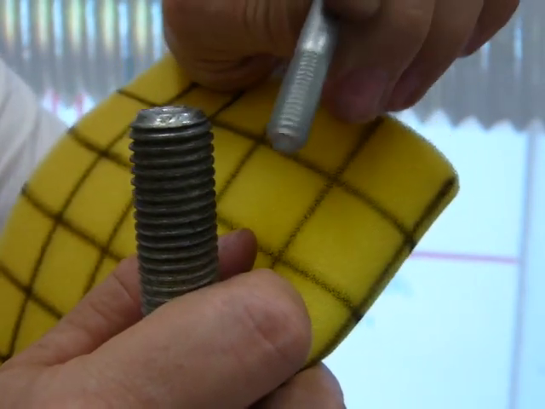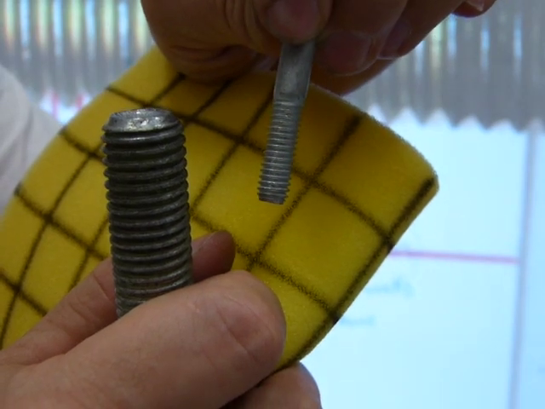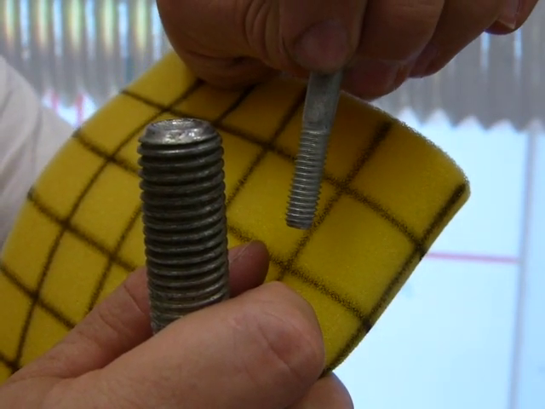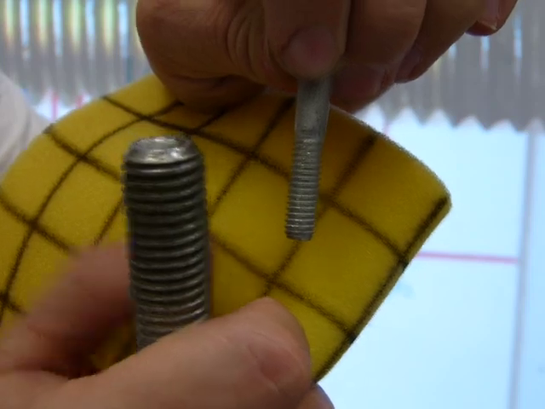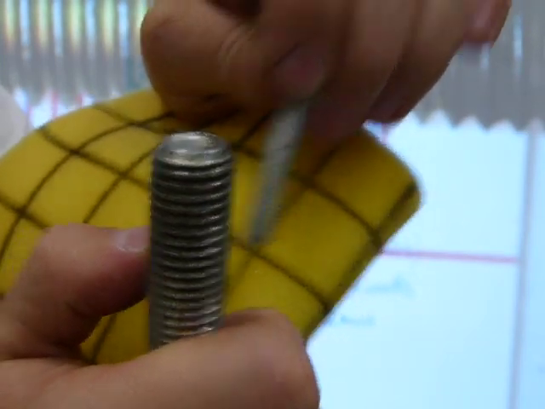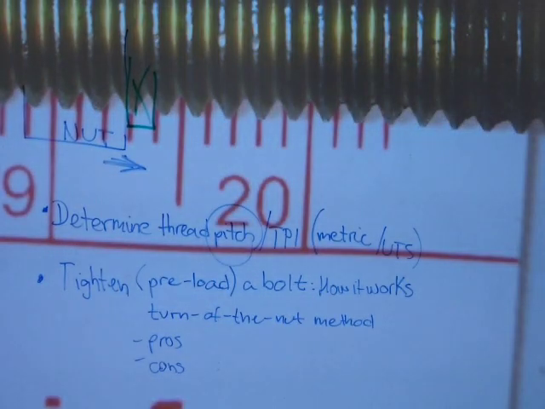So a quarter turn on the skinny bolt is tightening or preloading the bolt less than a quarter turn on the anchor bolt, because a quarter turn means different lengths.